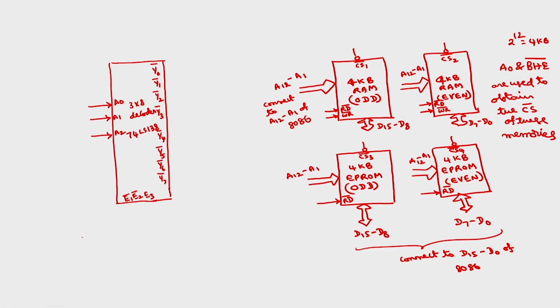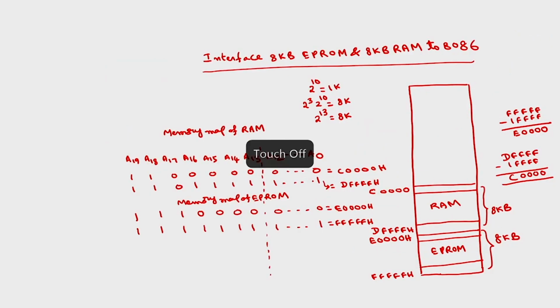In order to make E1 bar, E2 bar, E3, and to use A2, A1, A0, we go to the memory map. In case of RAM, A17 will be 0 always, whereas for EPROM A17 is 1.